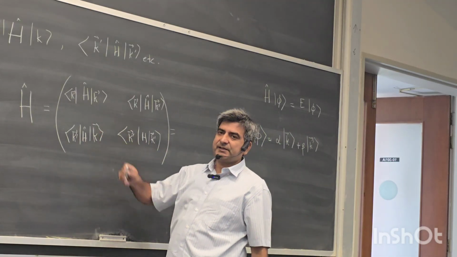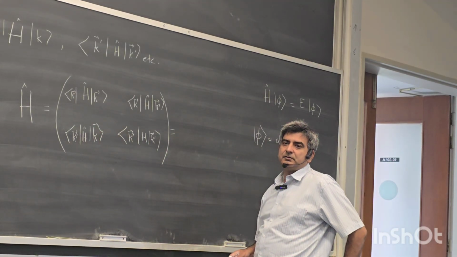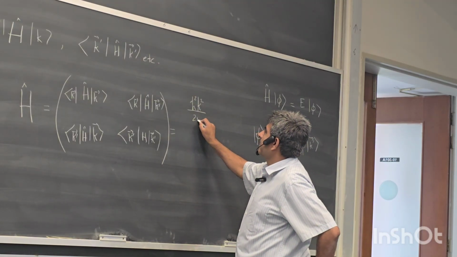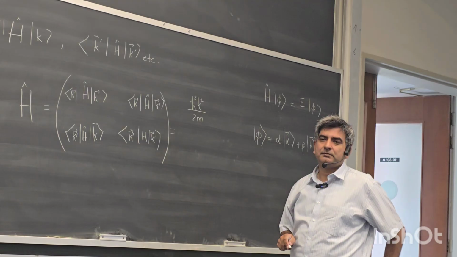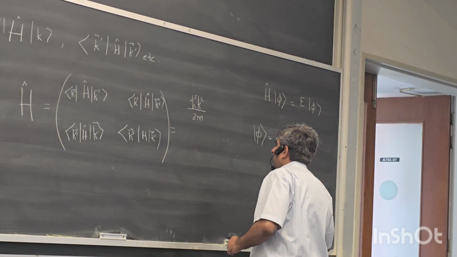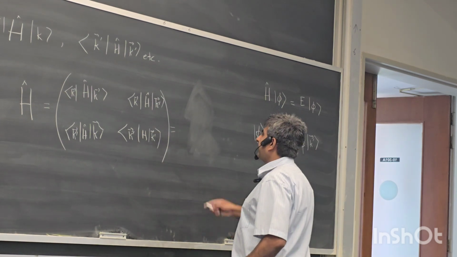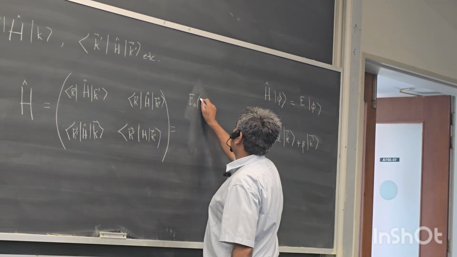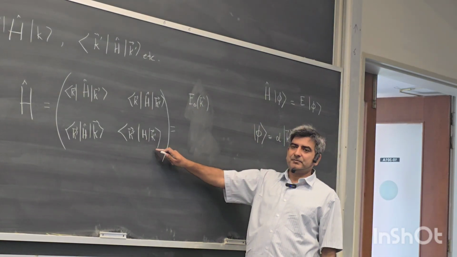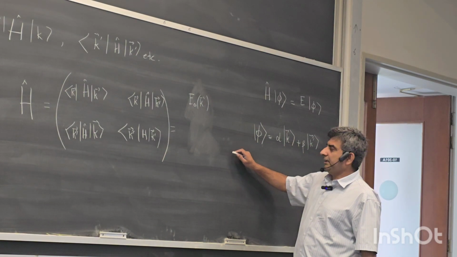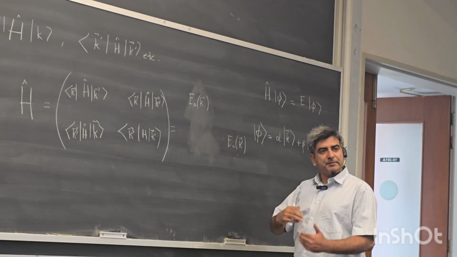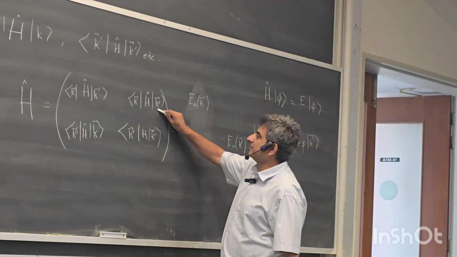So what's the first matrix element? It is h bar squared k squared over 2m. Instead of writing this entire thing, let me write E naught k, the unperturbed eigenenergy. What is this term? E naught k prime, h bar squared k prime squared over 2m. What about this term?